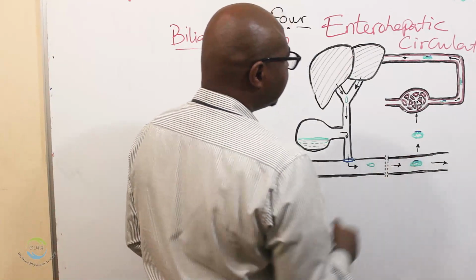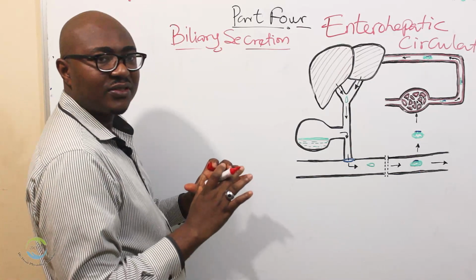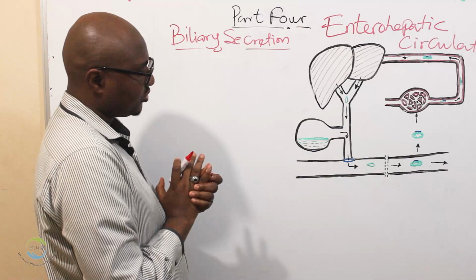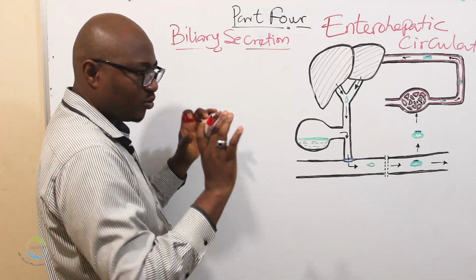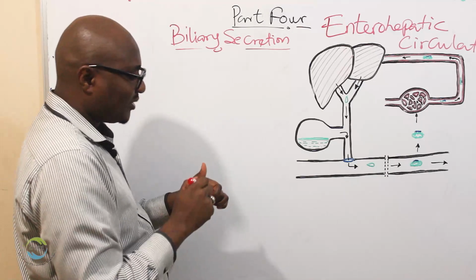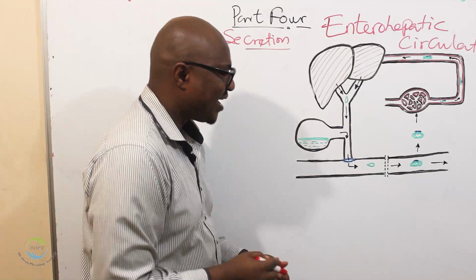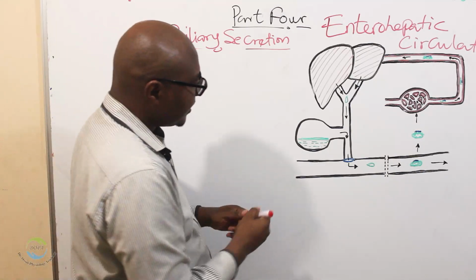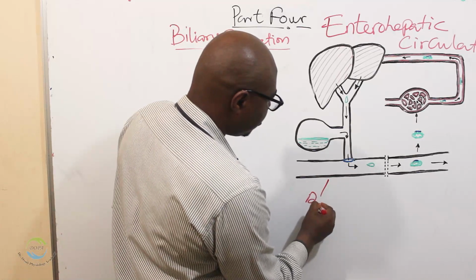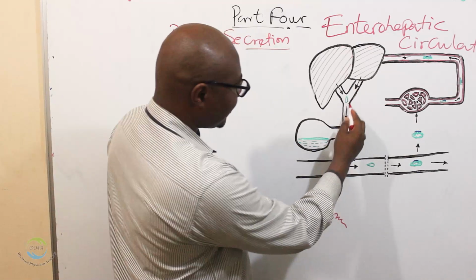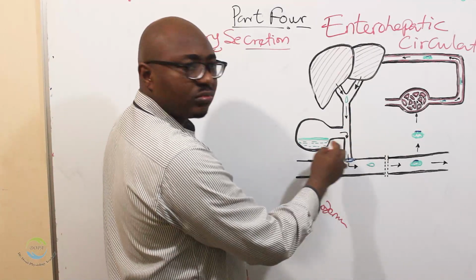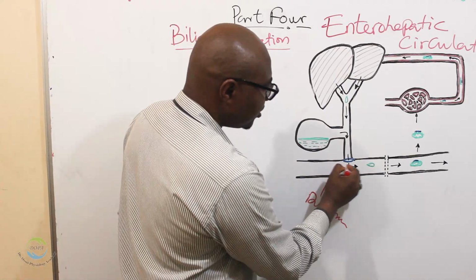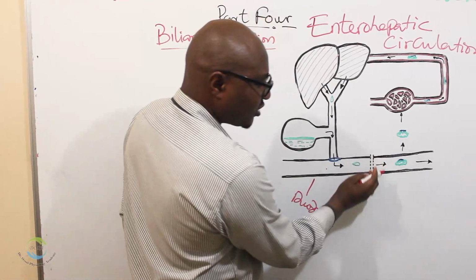Okay? Now, what happens is that there is what we call portal circulation. I know you've heard of it before. Portal circulation is a very, very important circulation. This is the duodenum, okay? Duodenum. That's where this pancreatohepatic duct enters into the duodenum. Then this is cut into because it's longer.